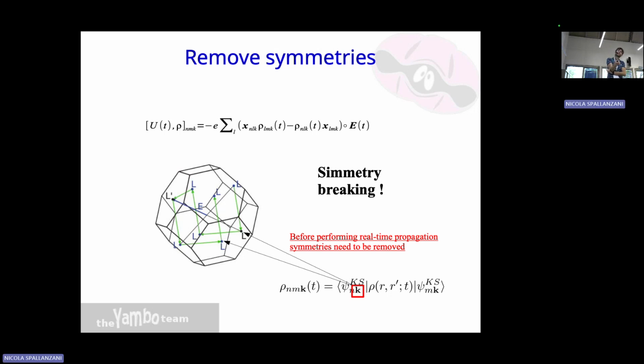So what is needed is that you expand the wave function from Quantum ESPRESSO to construct these at both the L and the L prime point, and then propagate both in the equation of motion. This is what is done.